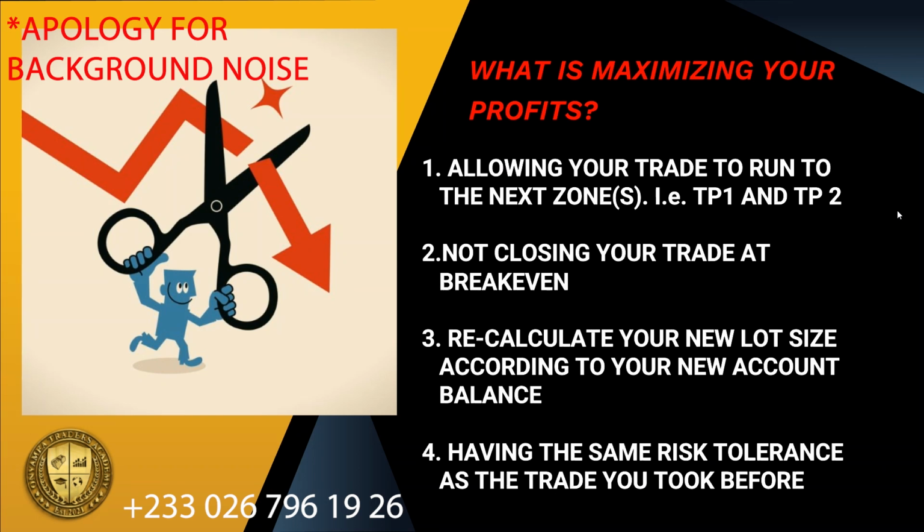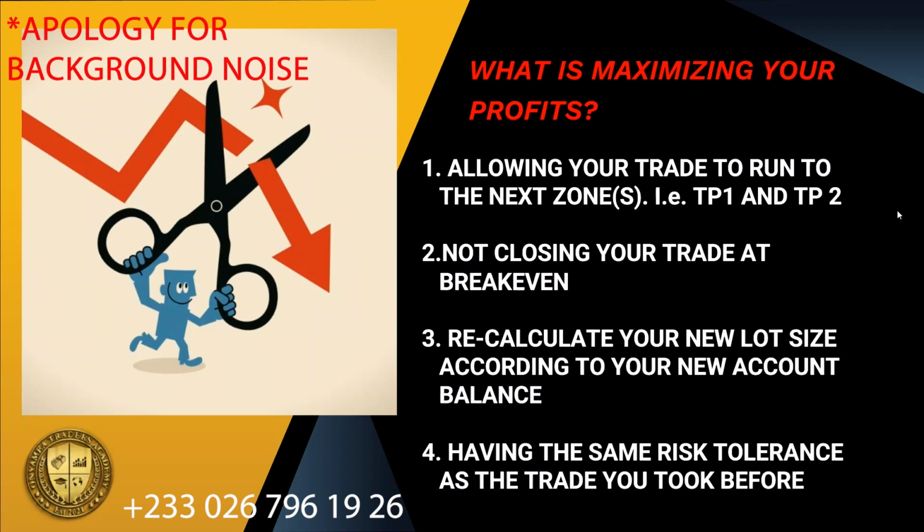The third point is you want to recalculate your new lot size according to your new account balance. The reason why this is important: assuming you had $1,000 in your account to trade with and you risked 1% per trade, so basically you're risking $10 per trade. The first execution on your charts was a bullish execution. So you lost $10, which will make your new account balance $990.